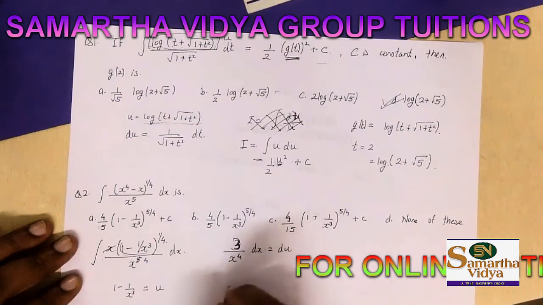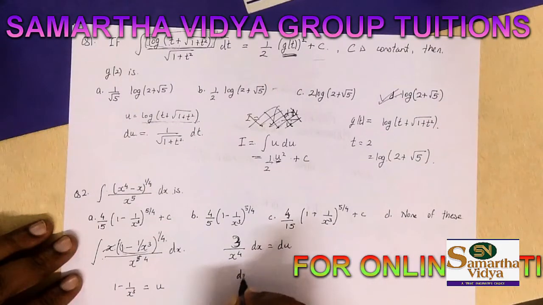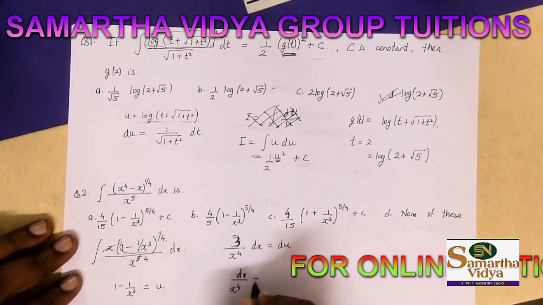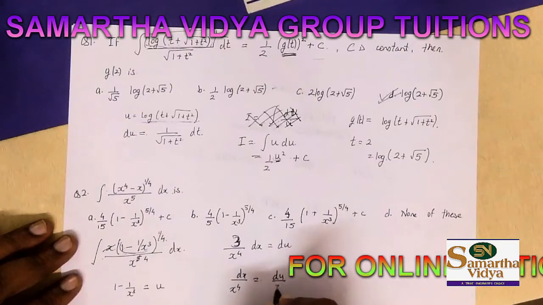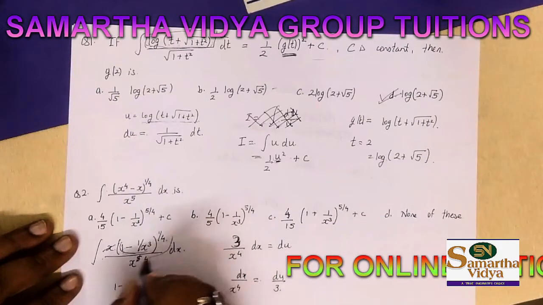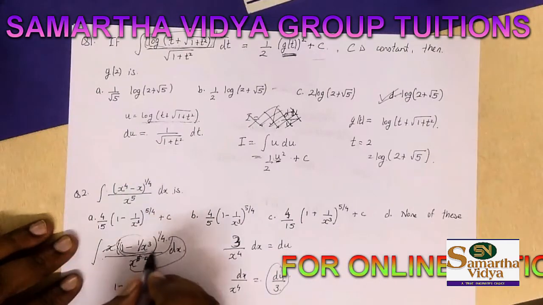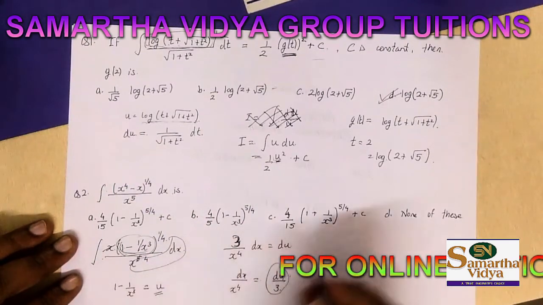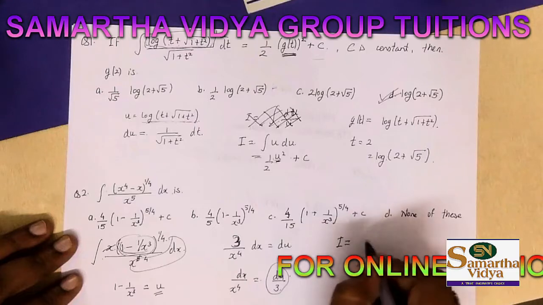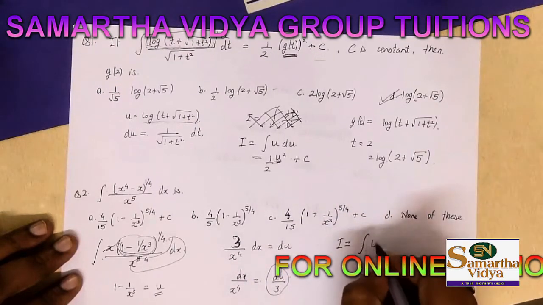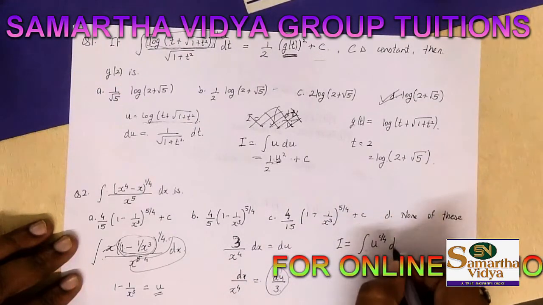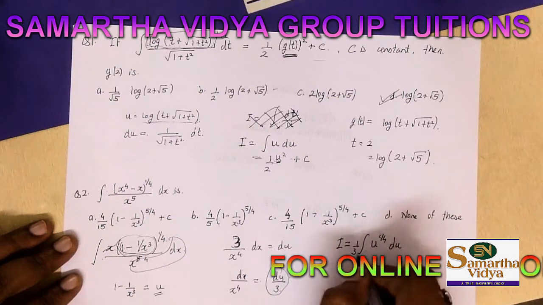So this 3 can go that side. dx upon x raised to 4 is nothing but du by 3. So this term is du by 3 and this term is u. Your integration goes to u raised to 1 by 4 du times 1 by 3.